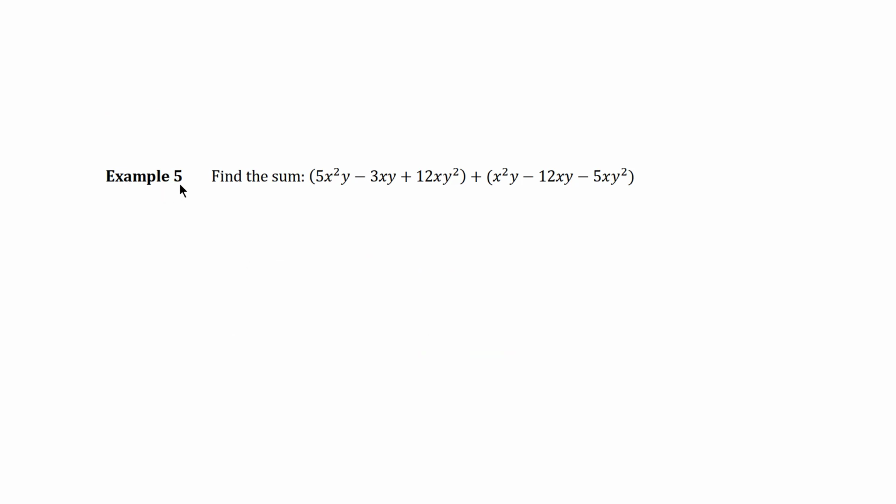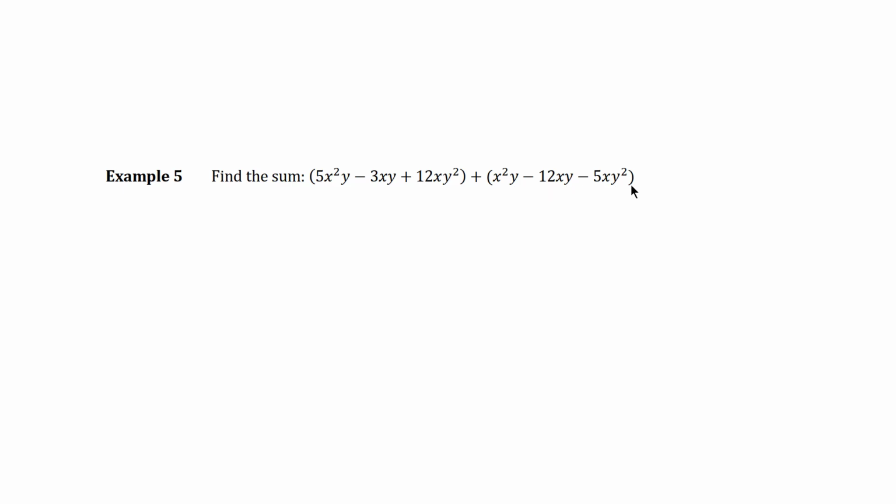For example number 5, find the sum. We have parentheses 5x squared y minus 3xy plus 12xy squared, plus parentheses x squared y minus 12xy minus 5xy squared.